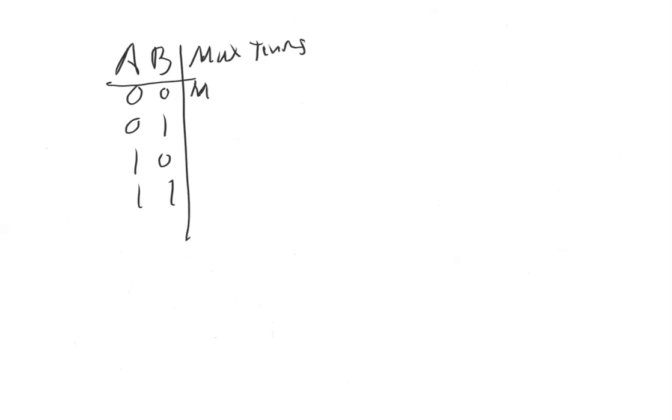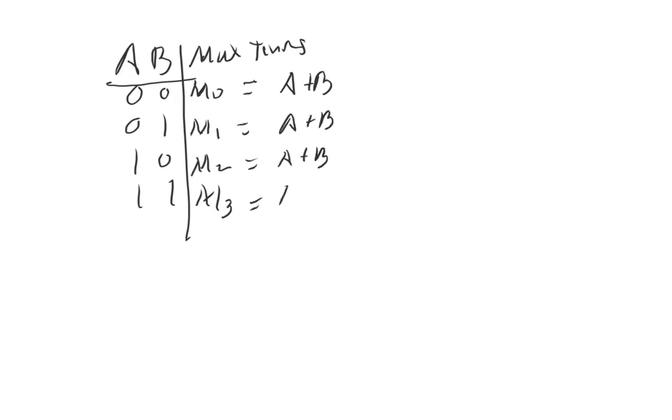Capital M0, capital M1, capital M2, capital M3, and this is going to be A or B, A or B, A or B, A or B, and the inversions will be whenever you see a 1, that's when the variable is inverted, and otherwise it's left alone.